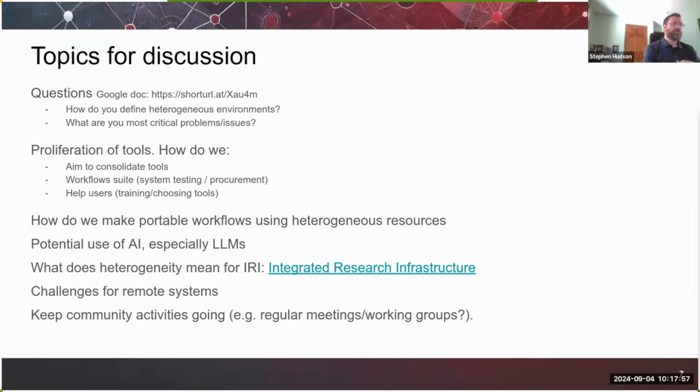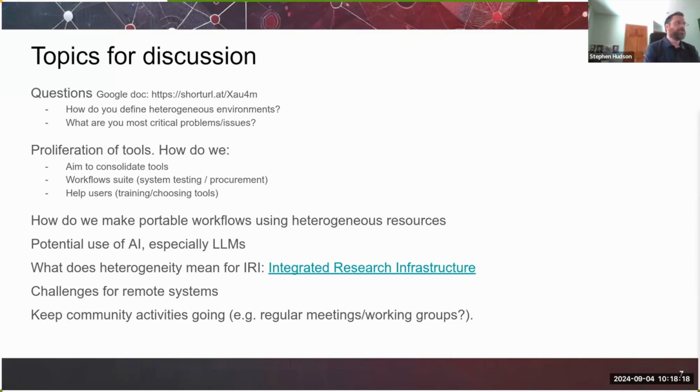And how do we help users, training users and helping them to use the tools? I think we need to hear from people who are using different workflow tools currently, and developers of those tools. So how do we make portable workflows using heterogeneous resources?